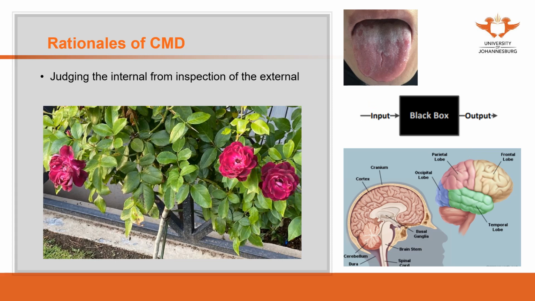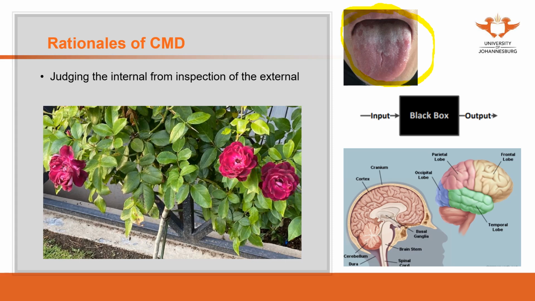That's the black box, because not everything can be seen physically. So that's judging the internal from inspection of the external. Let's also look at the external of our human body. What's the external? It can be the body shape, the tongue, the face color, or any kinds of symptoms and signs, such as the tongue in the picture here.